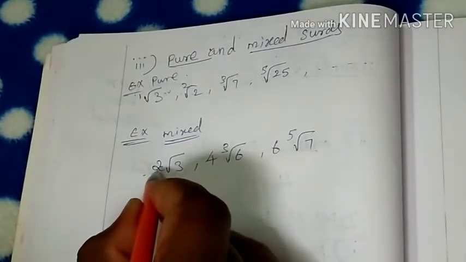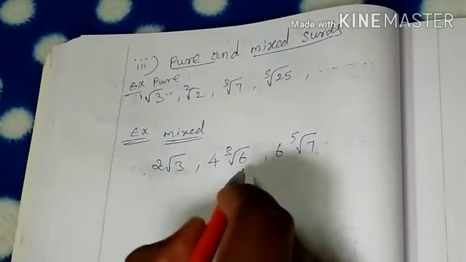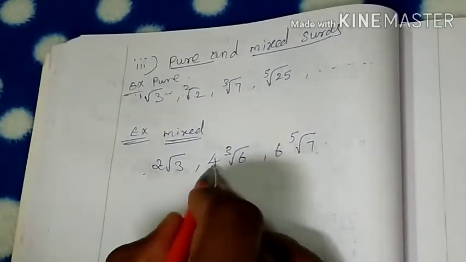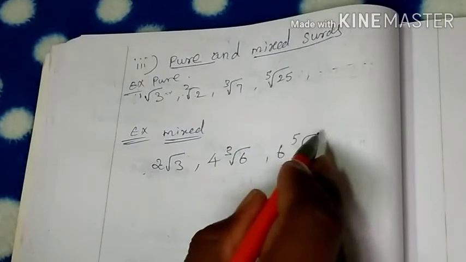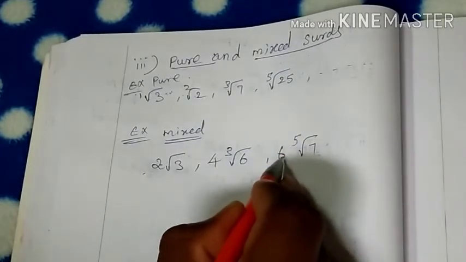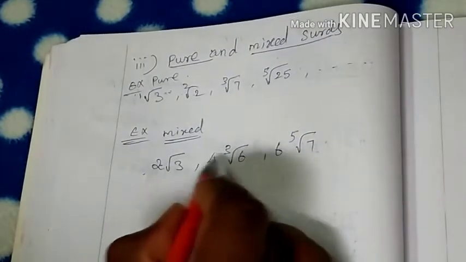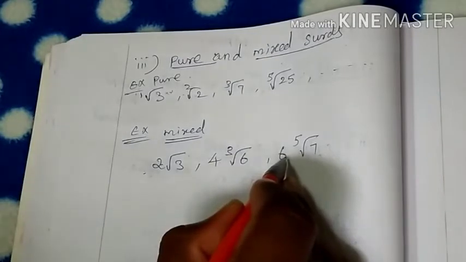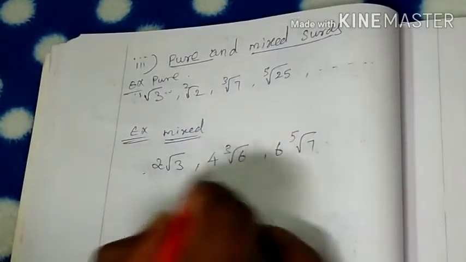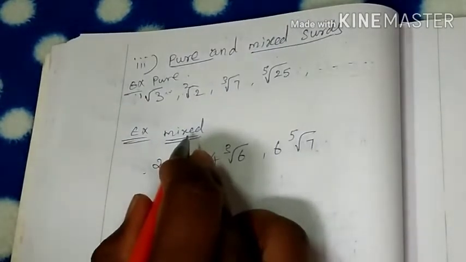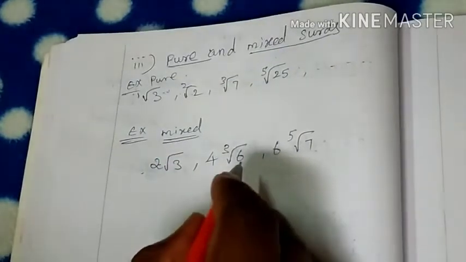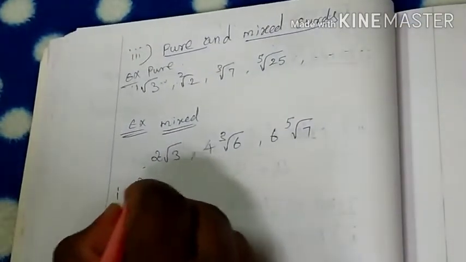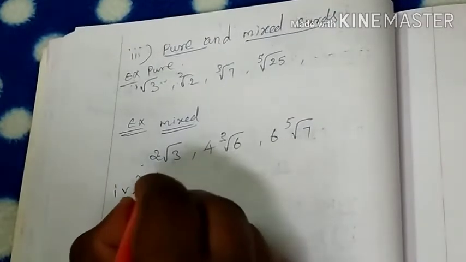The coefficient is 4 here, and 6 here. All the coefficients are other than 1, so these are examples of mixed sets. Have you understood? Then the fourth one, simple and compound sets.